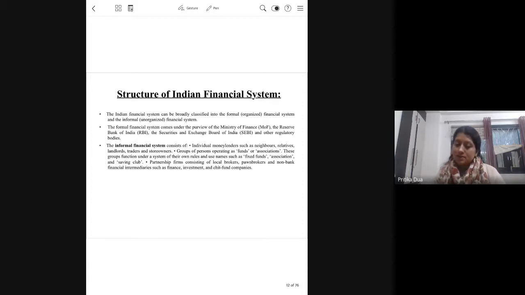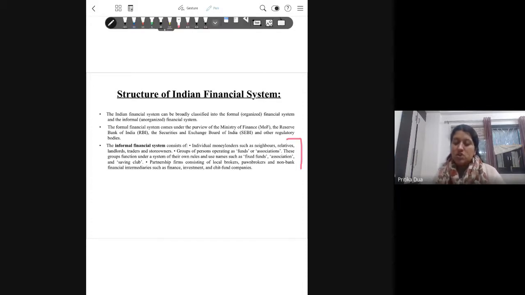That consists of the local money lenders, your chit fund companies, your neighbors, your relatives who act as your first point of contact when you have fund requirements; these come under the informal financial system of a country.